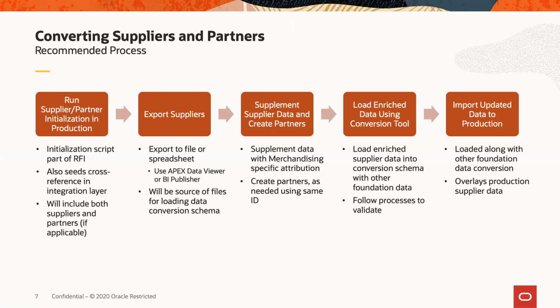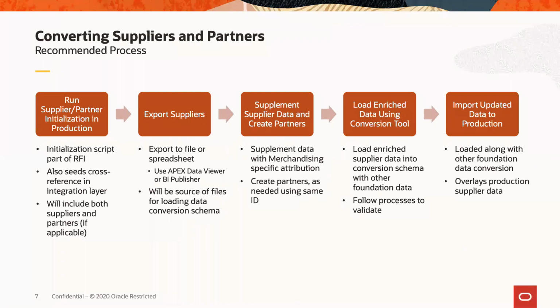I know it's documented in our implementation guide. But that's used to seed over all the supplier and partner data that's needed into the merchandising database. So we recommend that gets run in production once you're starting to work through your conversion processes. That will populate the cross-reference and generate the IDs that are needed for supplier and any partners that are getting pulled over.